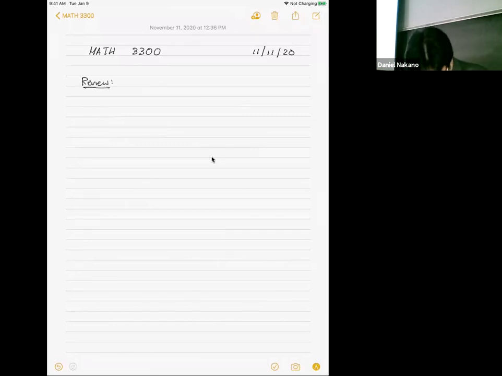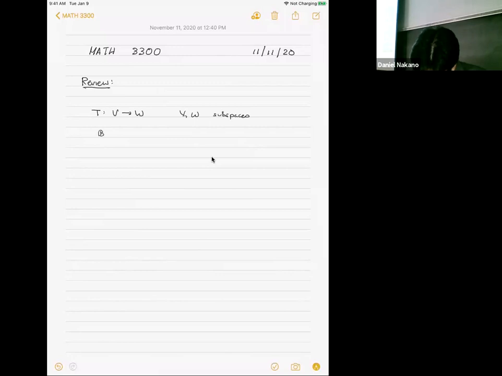So recall we had T, and this is a linear transformation from V to W. So V and W are subspaces, like Rn and Rm. And what we did was we took two bases.